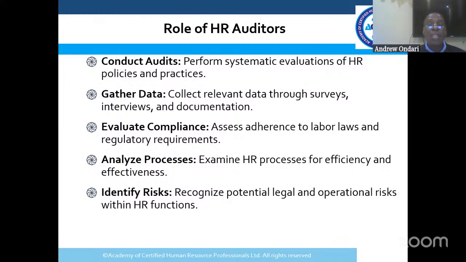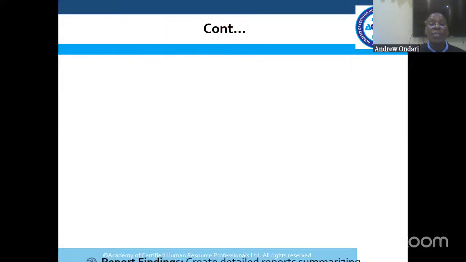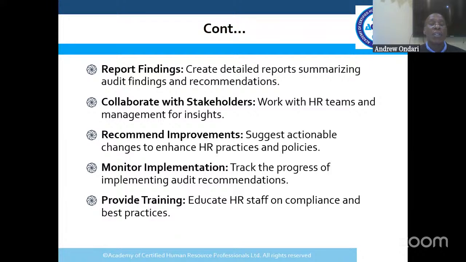We end up paying huge fines, or in some cases risk imprisonment, because of failure to follow the legal requirements governing the HR functions. So HR auditors identify various risks related to employment and legal issues so that we reduce chances of being sued or losing money.